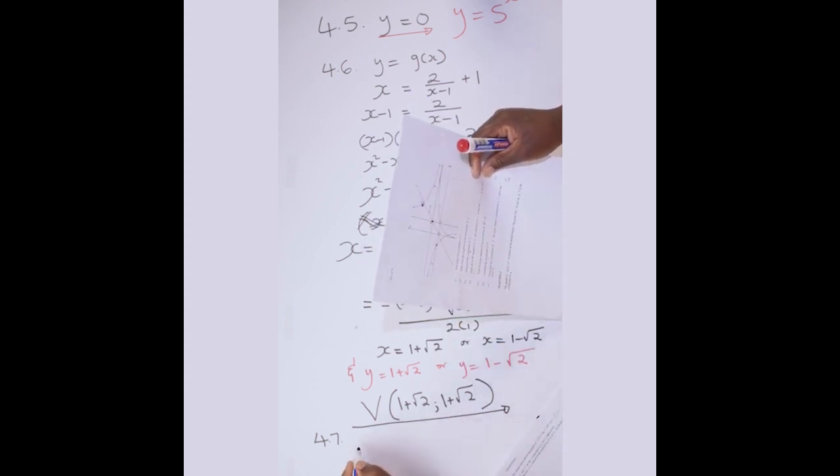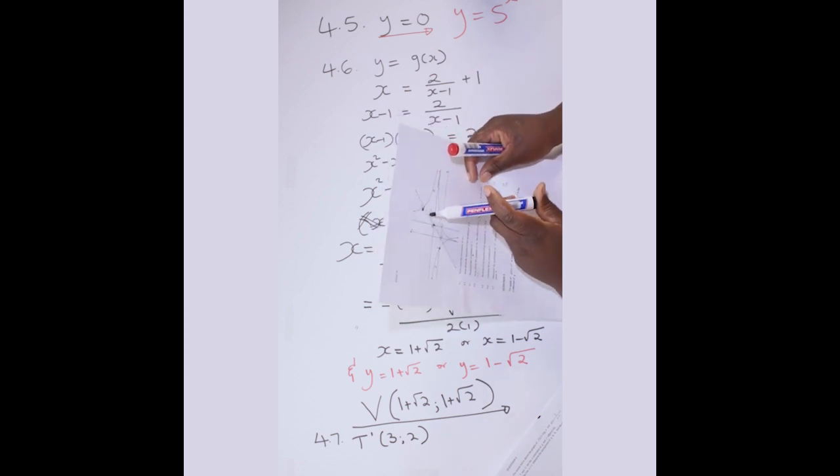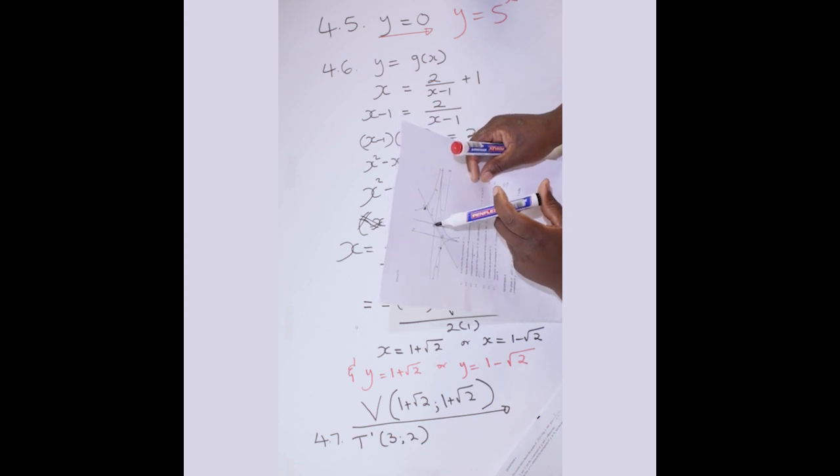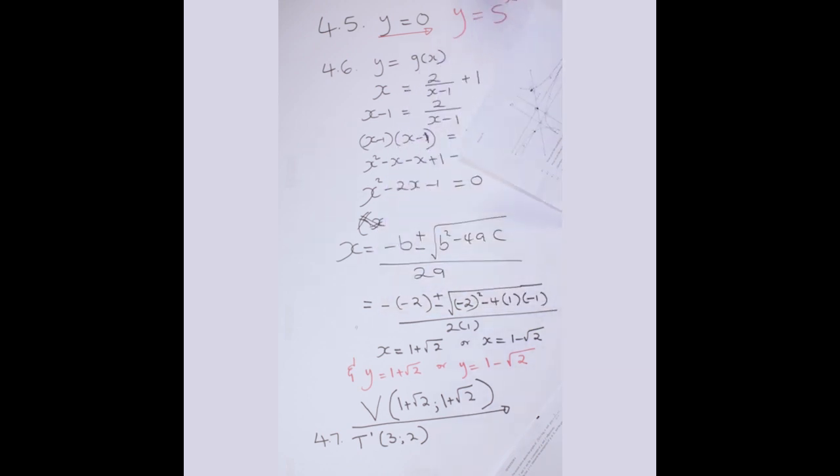We count until we reach our point T prime being 3 and 2, with just the movement from the given graph, from R to T and from R to the other point. So the movement that we make from T to R must be the same movement we make from R onward to the new point. Okay, thank you.